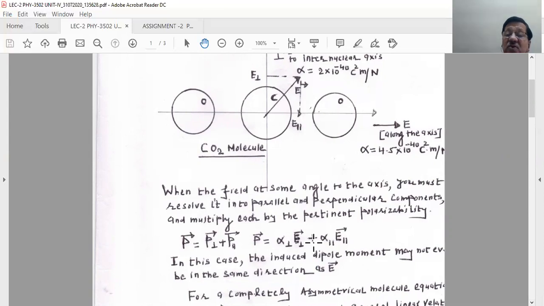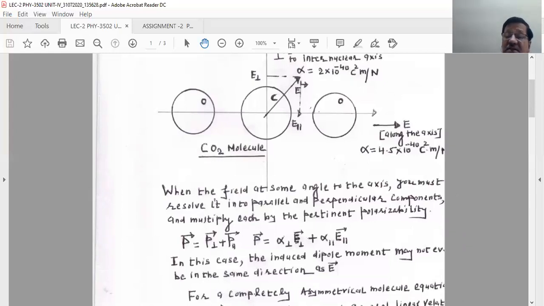You see, when you keep your atom in the electric field, I told you that the induced dipole moment vector P will be found, and the direction of induced dipole moment vector P will be in the direction of the applied electric field E. But when your vector E, that is the external electric field, is making angle theta with your reference axis, in that case, it is not necessary that the induced dipole moment lies in the direction of the applied electric field.